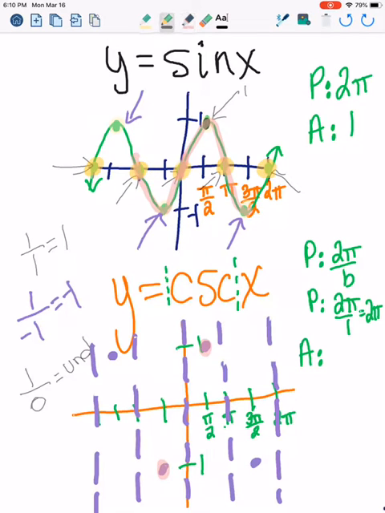Now the weird thing about this is, how in the world do you make a graph look right when there's just a point? You can't connect them, because an asymptote is something that you can never touch. So this point up here cannot go down like that because it's crossed the asymptote, so that's a no-no. So I'm just going to go ahead and tell you what the graph is going to look like.